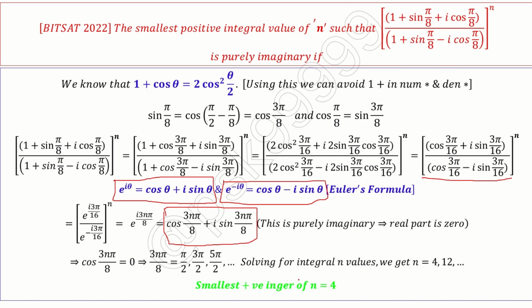So solving for the integral value of n, what I will get is n equal to 4, 12, 20, and so on. The smallest positive integer is what is asked, so the smallest value of n is 4. Hope you understand this. This is a very important equation actually: e to the power of i theta equals cos theta plus i sin theta. Note down this. Next.